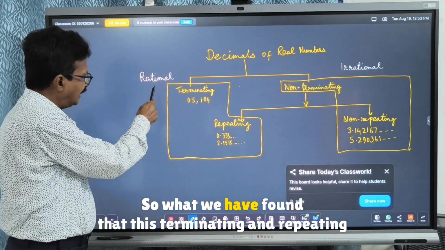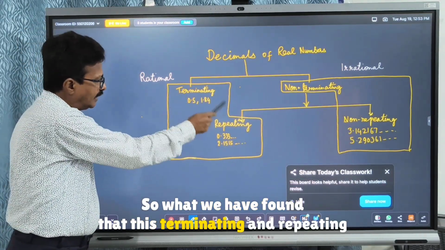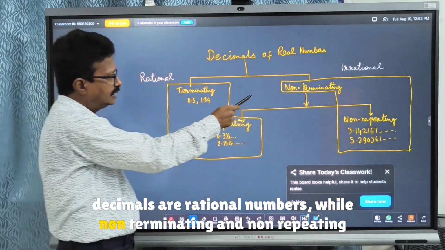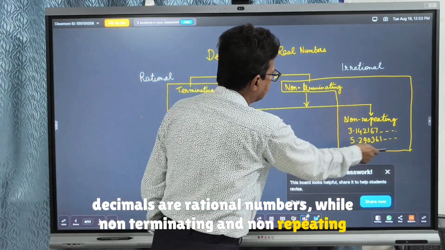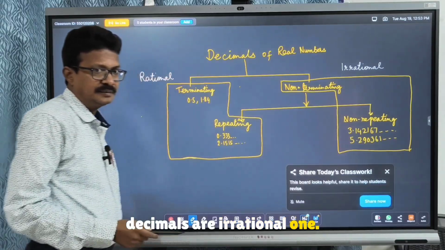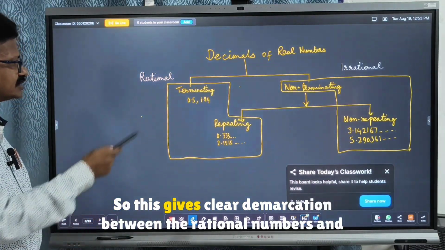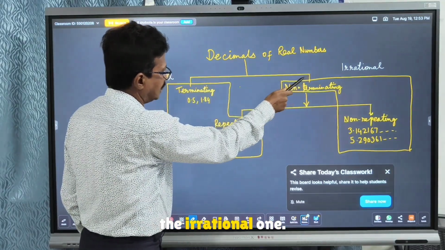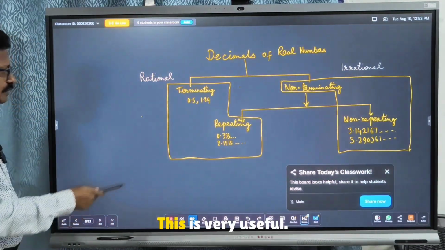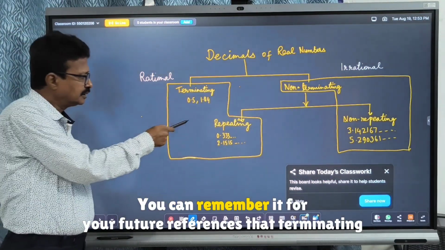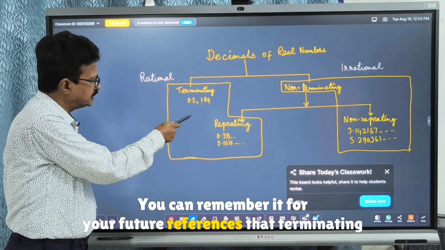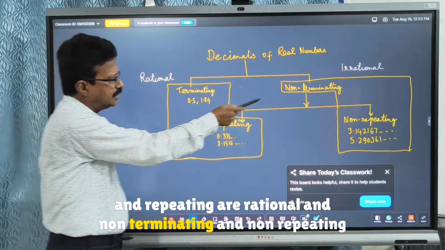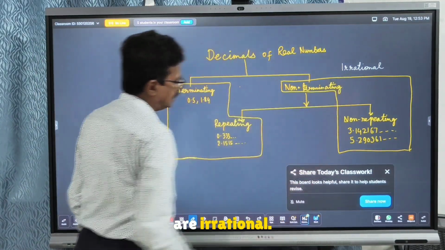So, what we have found is that terminating and repeating decimals are rational numbers, while non-terminating and non-repeating decimals are irrational ones. This gives a clear demarcation between the rational and the irrational numbers. You can remember it for future reference: terminating and repeating are rational, and non-terminating and non-repeating are irrational.